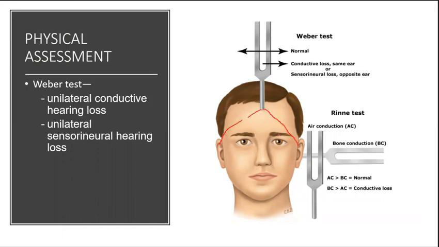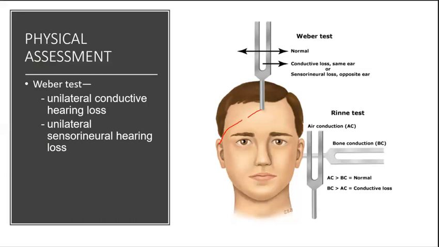If the nerve going to this right ear is damaged, when I strike my tuning fork, the patient is going to hear the sound very well on the left ear. So that would tell me that is a sensorineural hearing loss.